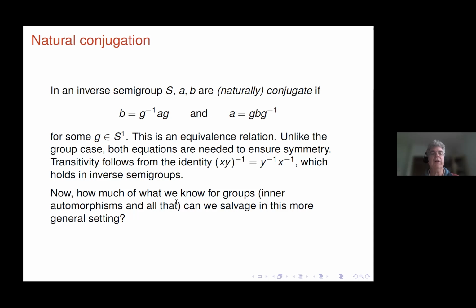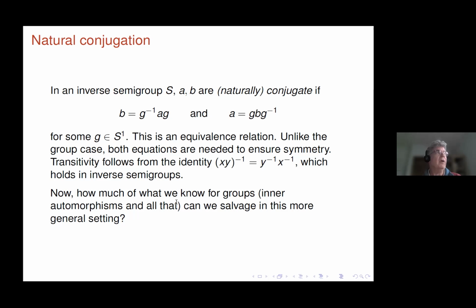So we'll say that two elements are naturally conjugate, naturally meaning from an inverse semigroup point of view, if there is some other element in S^1 that conjugates each to the other, and also with the inverse. This is an equivalence relation. Now, unlike the group case, you do have to include both equations here. Otherwise, it is not necessarily symmetric.